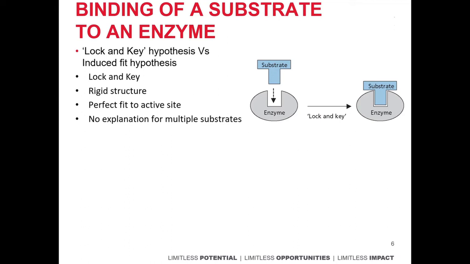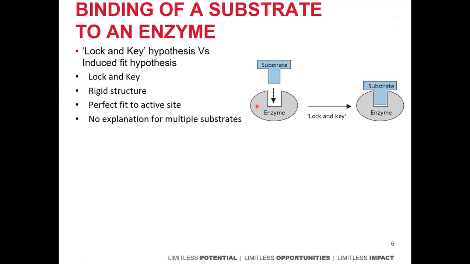Now this theory states that the substrate binds into the active site of the enzyme, and that the substrate is a perfect fit to bind into that active site in the same way that a key is a perfect fit for a lock. Now it says that the substrate and the enzyme will have a very rigid structure and that they will simply be a perfect fit.